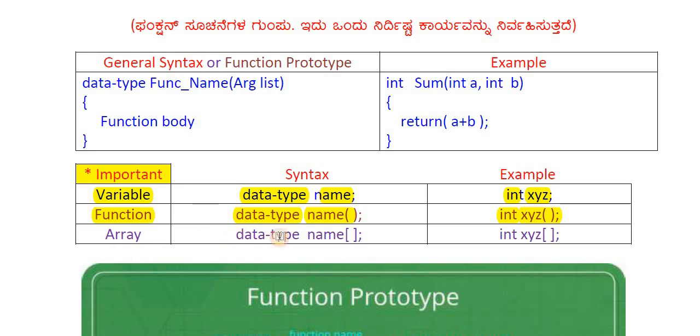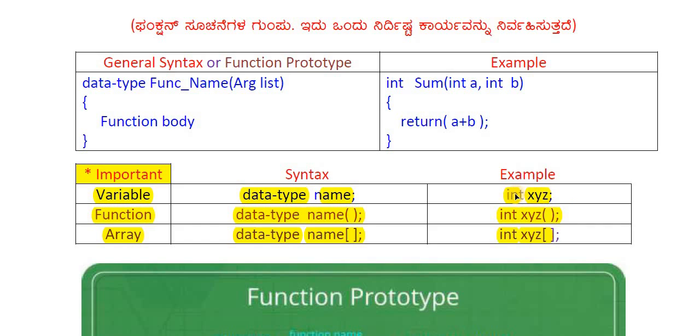In the last line, with a data type and name, if we attach square brackets to the name or identifier, then it becomes an array. Example: integer xyz with square brackets. So what is the important thing?